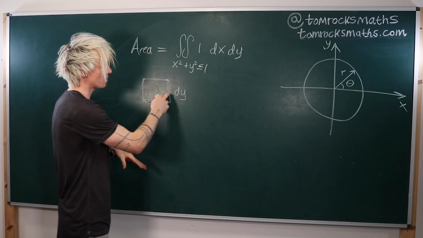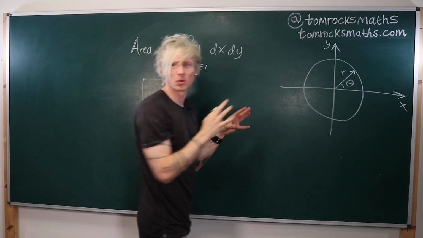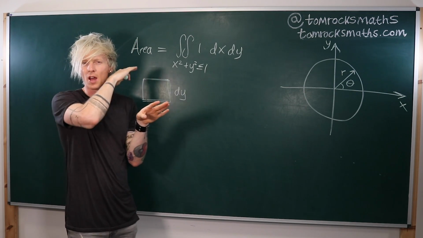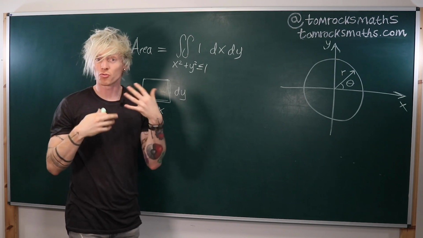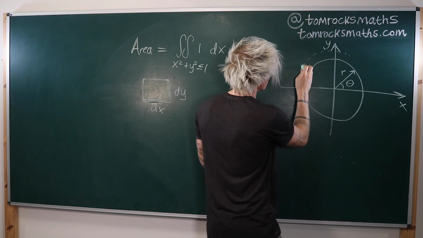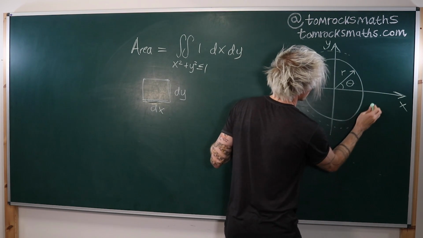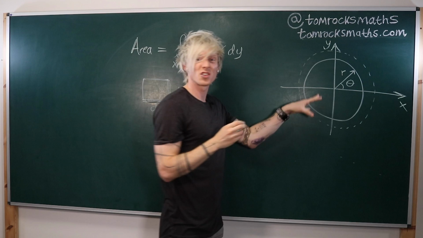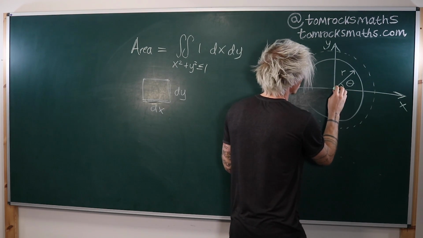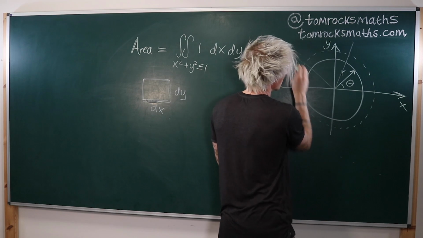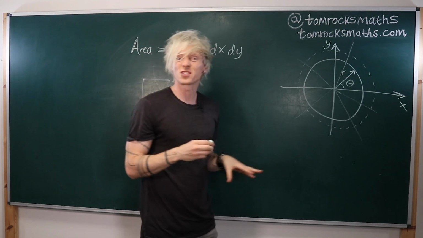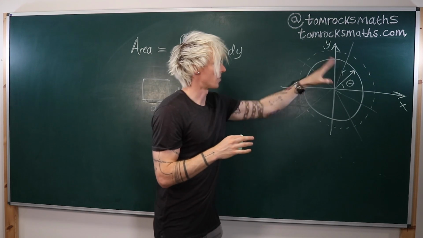Now, as we change into polar coordinates, rather than having a horizontal and vertical lined grid, what we actually get are going to be circles which represent a constant radius, and we also get things which we call rays, which are these straight lines which represent different constant angles from the origin.